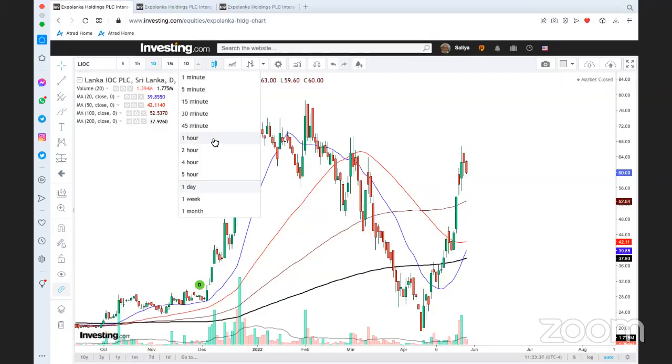It can be 1 hour, 2 hours, 4 hours. I don't use the 4 hours because our market is open for only 2 hours, but that doesn't mean you can't use the 4 hours. I haven't seen people using 5 hours, but I have seen some using the 4-hour chart.